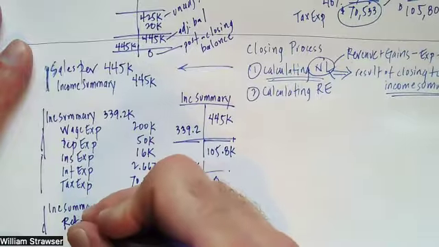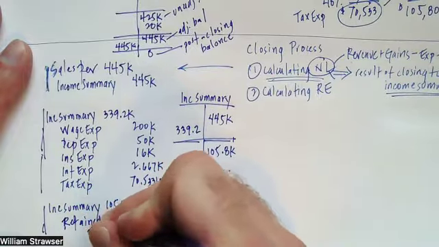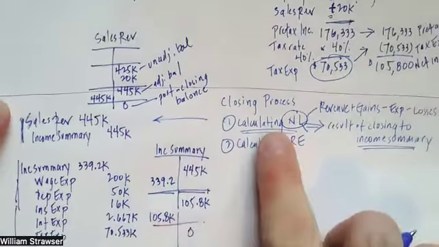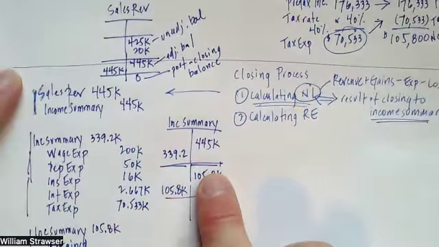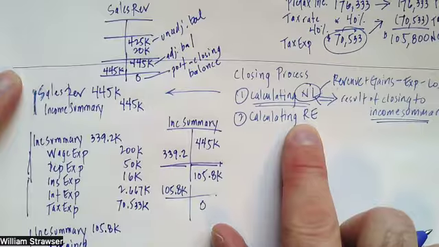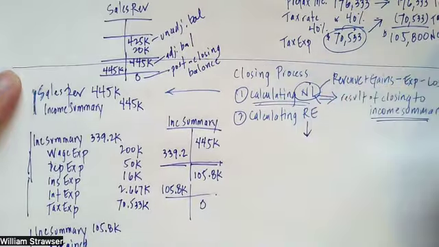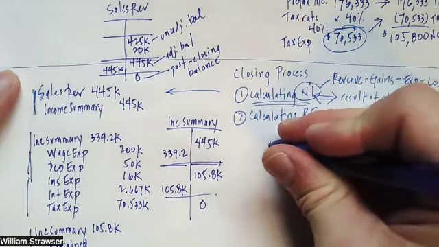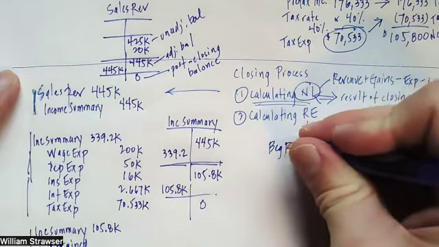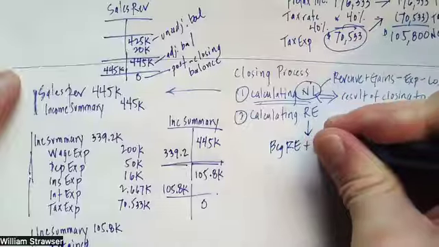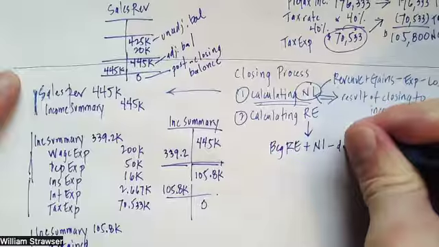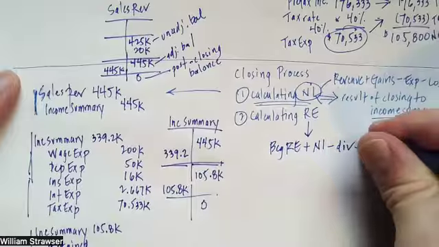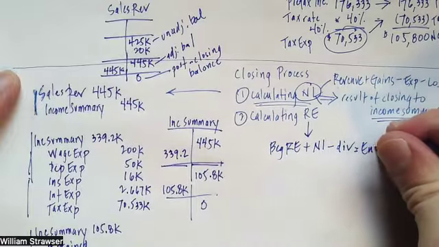So now we've moved from our first procedure, which is to calculate net income. We did that. Now we're calculating retained earnings, and we need to remember that retained earnings is always beginning retained earnings plus net income minus dividends. And that gives me my ending retained earnings.